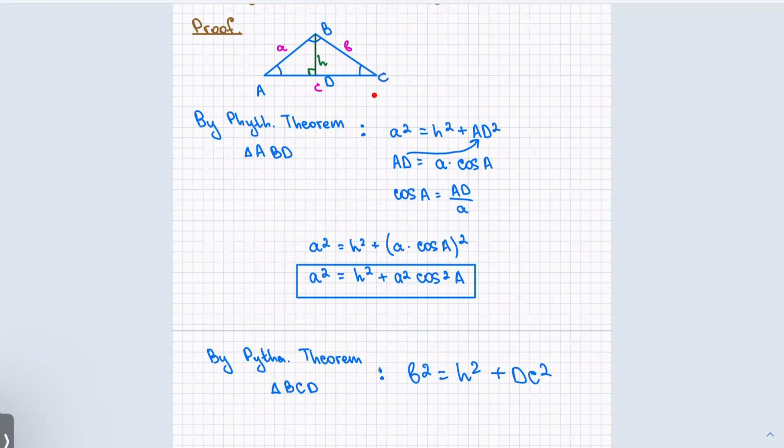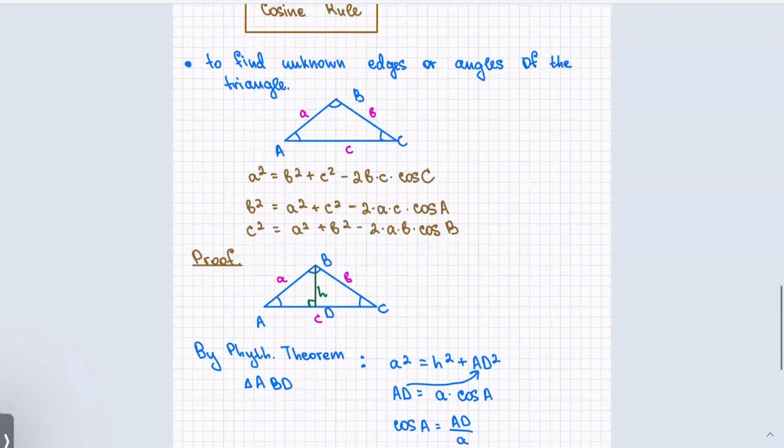Oh yes, we can actually do cosine C. It will be this adjacent side over the hypotenuse, but we do not know that cosine C. And in these cosine rule formulas, dear students, we know two sides and we know the angle between them, and we want to recover the third side.